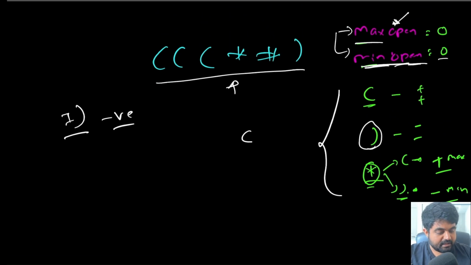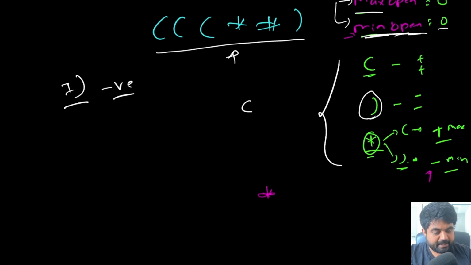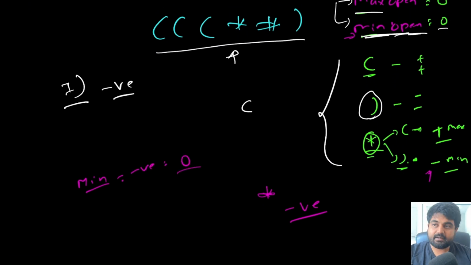Now next, if we are encountering a star, we are reducing the value of the min parameter. The min parameter can still go negative, but this would not directly say that we are dealing with an invalid string. So if for some reason the minimum variable goes negative, then we simply reset it back to 0, treating that there are no open parentheses left for us to check.